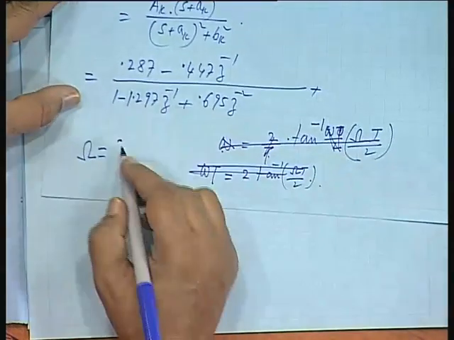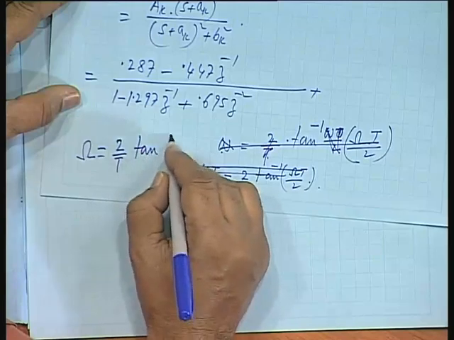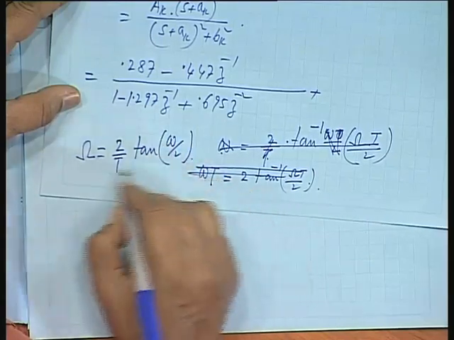Yeah. So, it is omega is equal to 2 by t tangent omega by 2, all right.